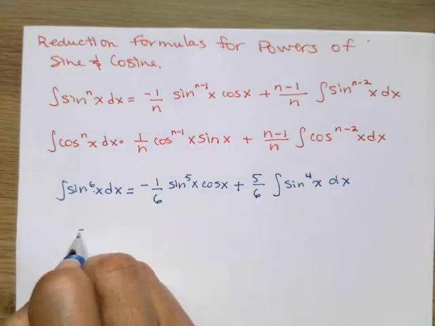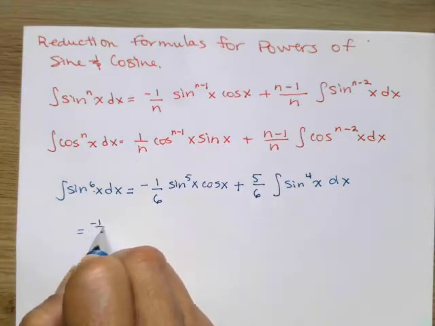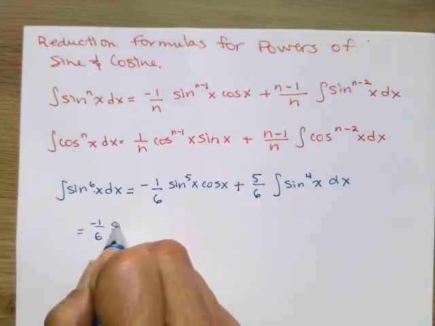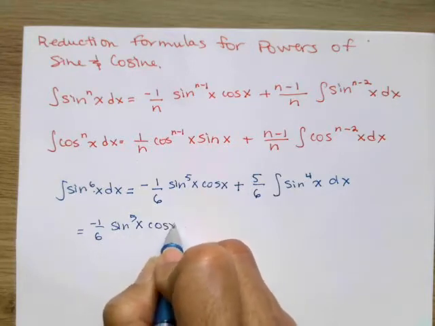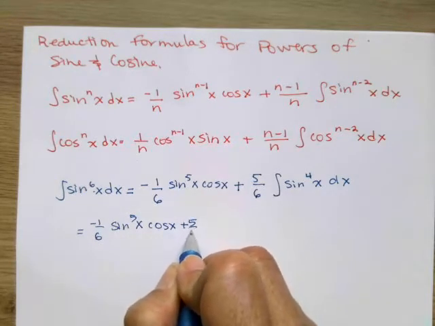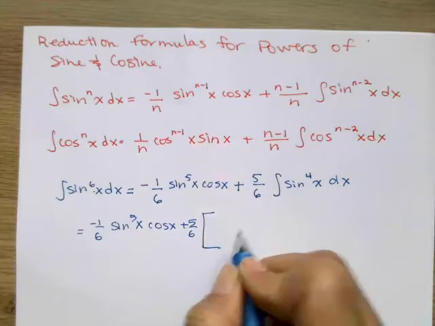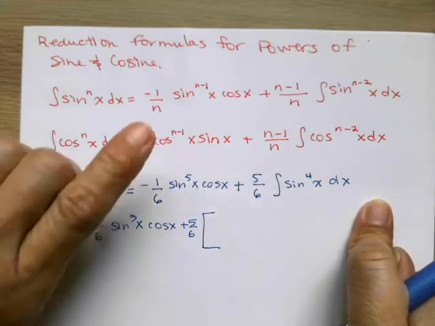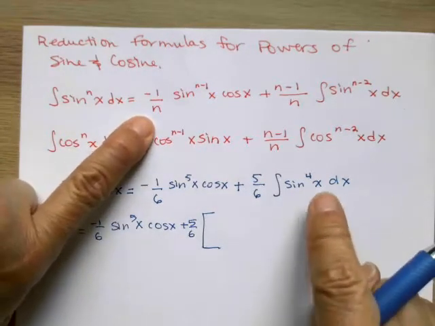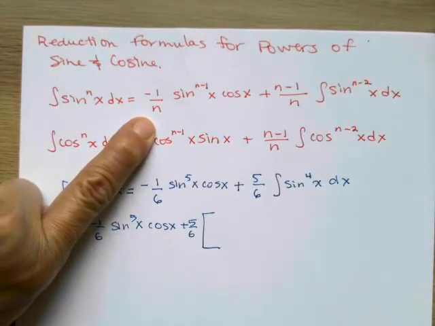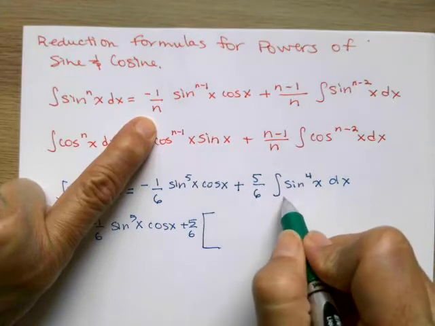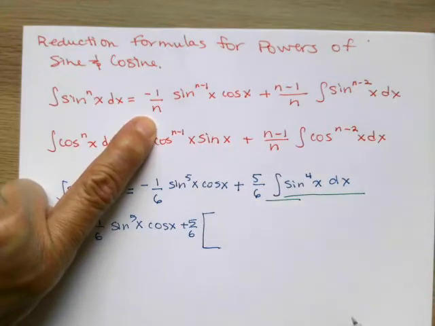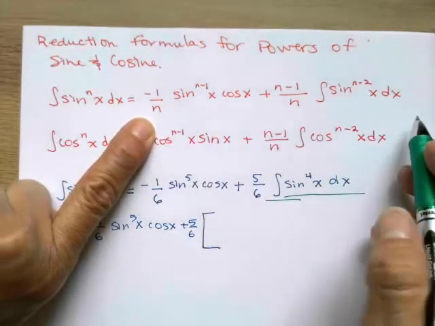So let's go again. This first term tags along, so negative 1/6 sine to the 5th x cosine x plus 5/6. Now that 5/6 will multiply everything that comes after. So now my n value is 4. I'll change color so maybe you can see it. This is going to be expanding this integral using the reduction formula again.